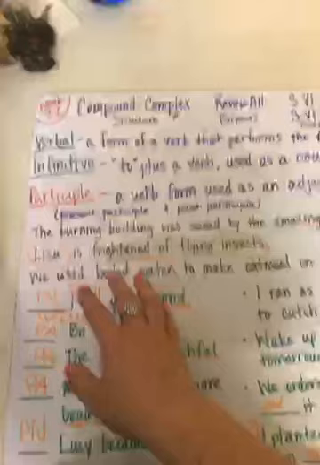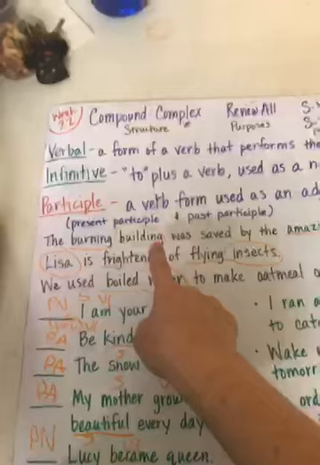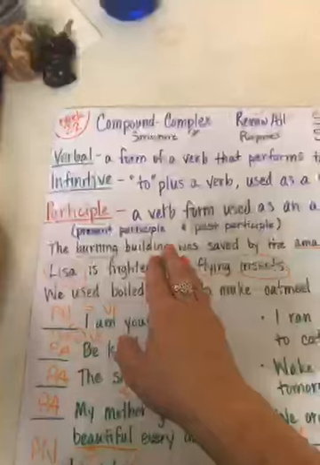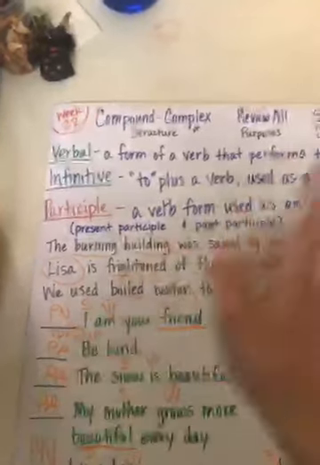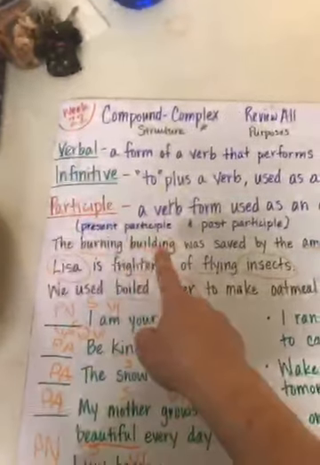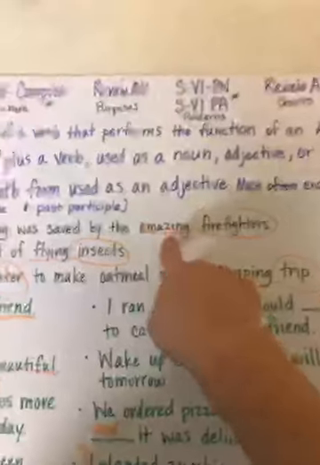Okay. We looked at these sentences and we found our participles and we found the noun that it's modifying, okay? Whatever, the word it's modifying. So burning tells us which building. Which building? The one that's burning, okay? Which firefighters, not the boring firefighters, the amazing firefighters, okay?